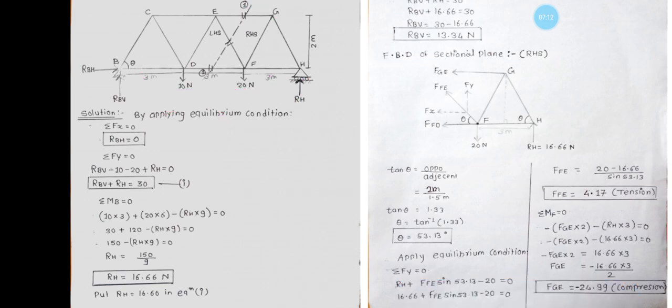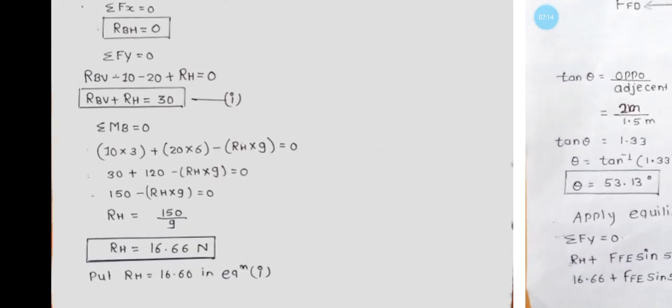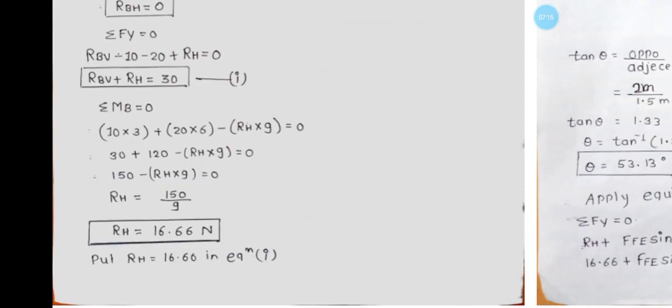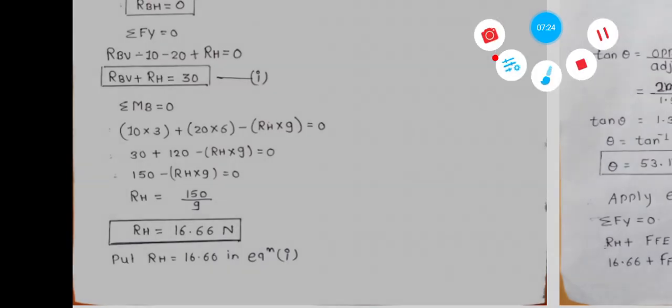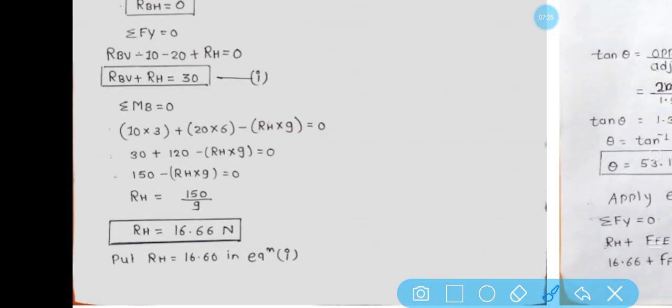So we can take the summation of the moments of all the forces about point B. We can get the equation here. After calculating, we get the value of RH, which is equal to 16.66 Newton.